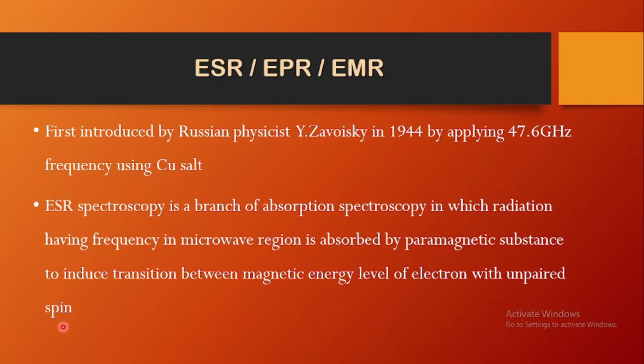So the main factors to remember while defining ESR are that it is an absorption spectroscopy branch where the absorption takes place in the microwave region by a paramagnetic substance.